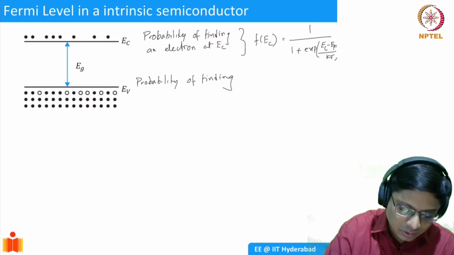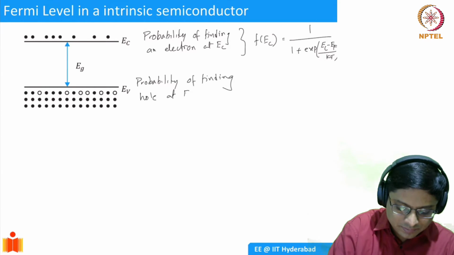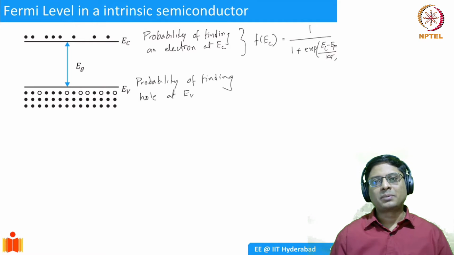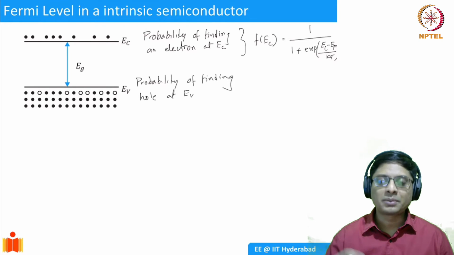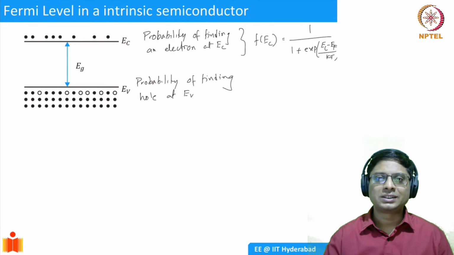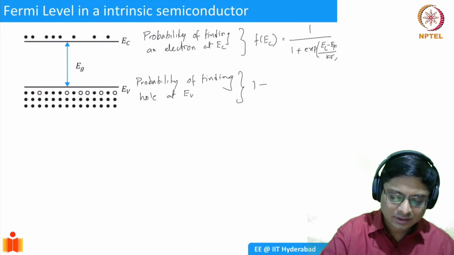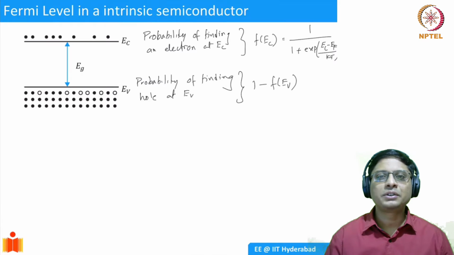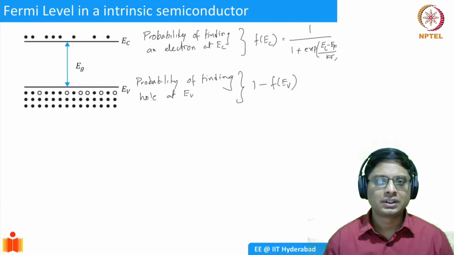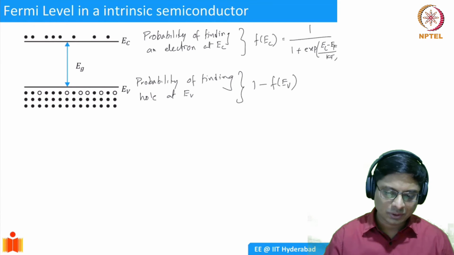The probability of finding a hole at EV. Well, the probability of a hole is simply lack of an electron, right? So the probability of finding a hole is basically the probability of not finding an electron. The probability of not finding an electron is simply going to be 1 minus f of EV. Right? f of EV gives you the probability of finding an electron, and the probability of not finding an electron is 1 minus that. Okay, so this is what it's going to be.